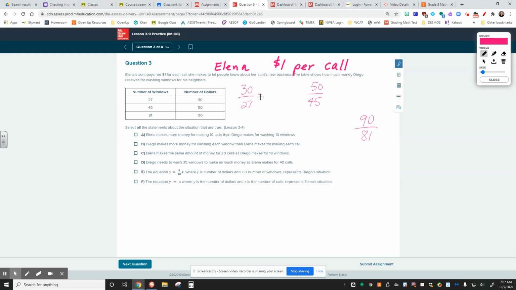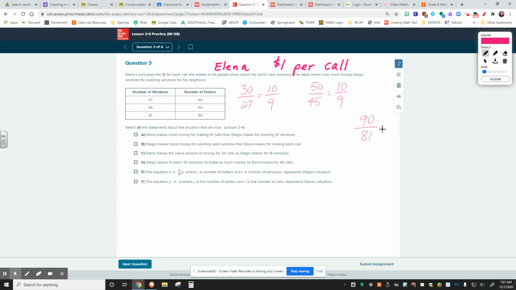We know that 3 goes equally into 30 and 27. And so we can reduce that: 30 divided by 3 is 10, 27 divided by 3 is 9. 45 and 50, both of those divide evenly by 5. 50 divided by 5 is 10, 45 divided by 5 is 9.